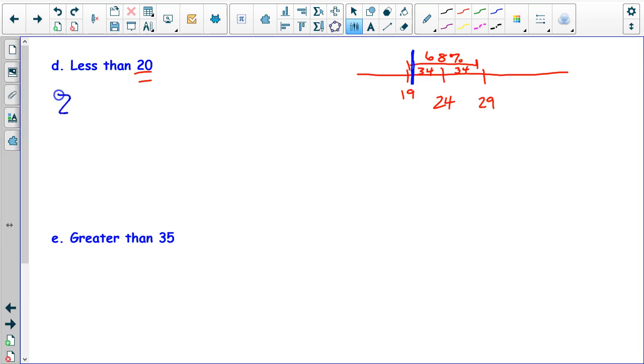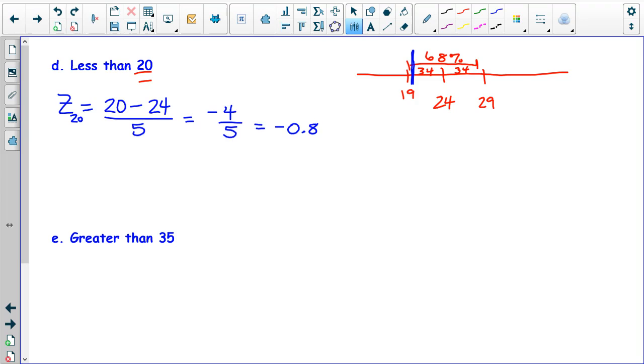Very nice. So Z sub 20 is the score I'm looking for. How do you find the Z-score? It's your value minus your mean divided by standard deviation. Nice. So that would be negative 4/5, which is negative 8/10.